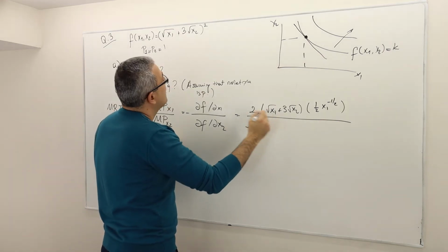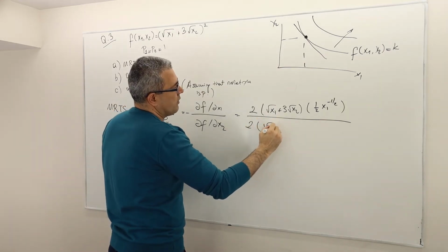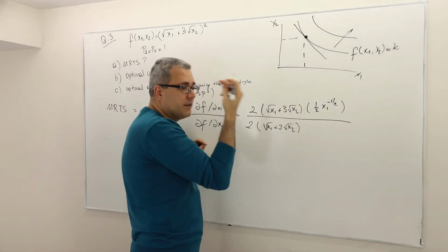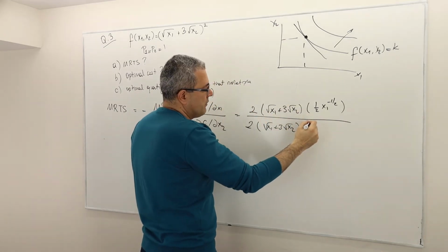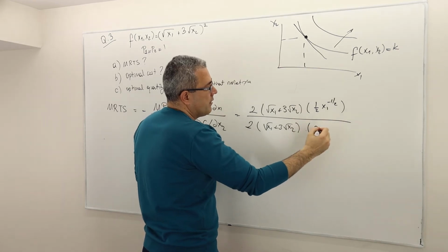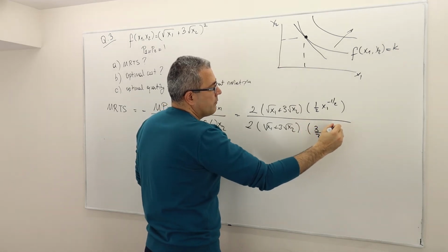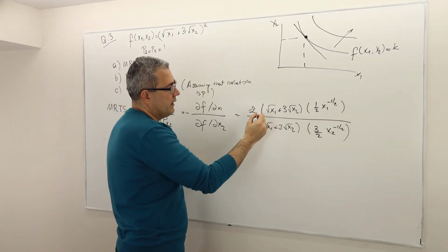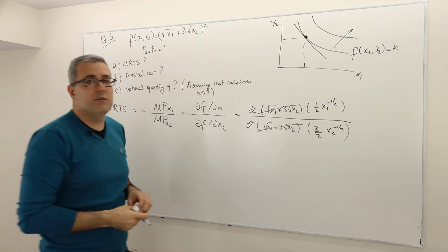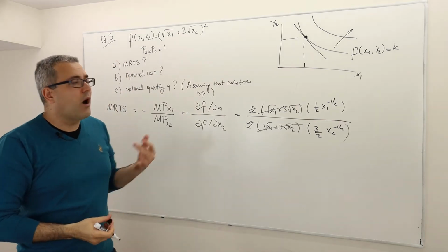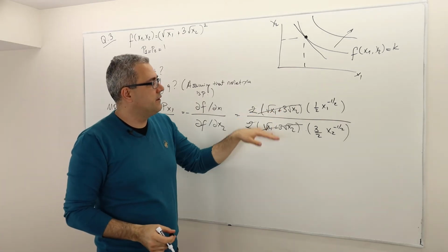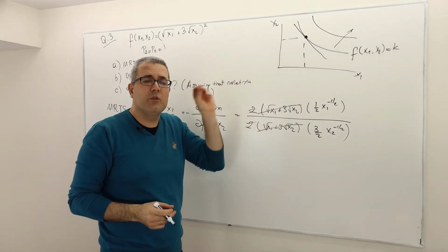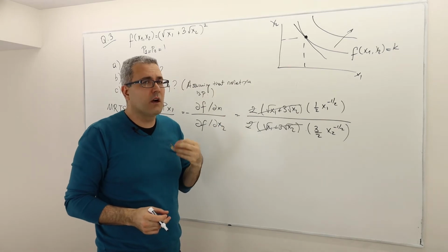It's 2 times (square root of x1 plus 3 square root of x2), and the derivative of the inside with respect to x2 is 3 divided by 2, x2 to the power minus 1/2. Nice thing, the 2 and 2 will cancel out, and this common factor will cancel out, under the assumption that the optimal x1 and x2 are not going to be 0.